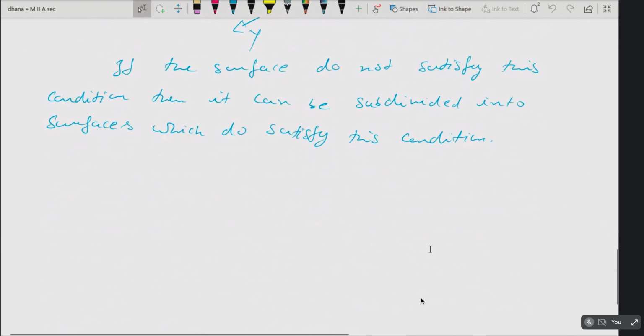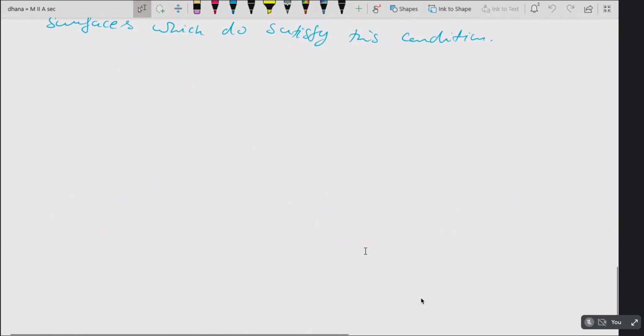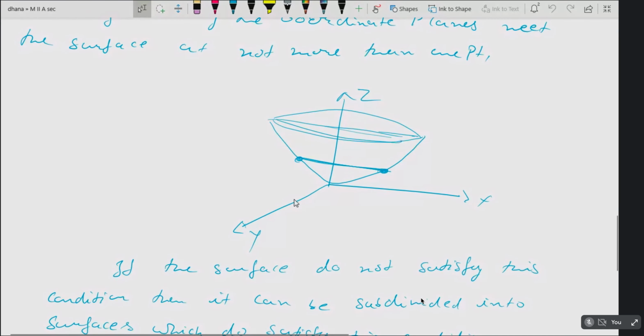So that kind of thing will happen. Okay, you have to choose. You can evaluate the double integral only when a line perpendicular to any of the coordinate planes meets the surface only at 1 point, not more than 1 point. And suppose the surface does not satisfy this condition, then what do you have to do? Suppose here, if I consider a plane here and try to draw the perpendicular, the condition fails. So what I will do here, I will divide this surface into 2 subsurfaces which will satisfy this condition.